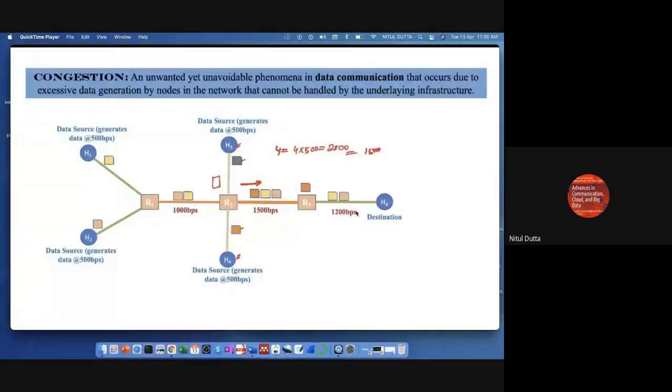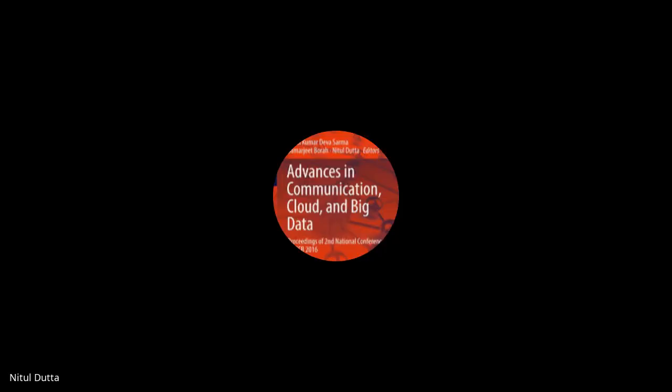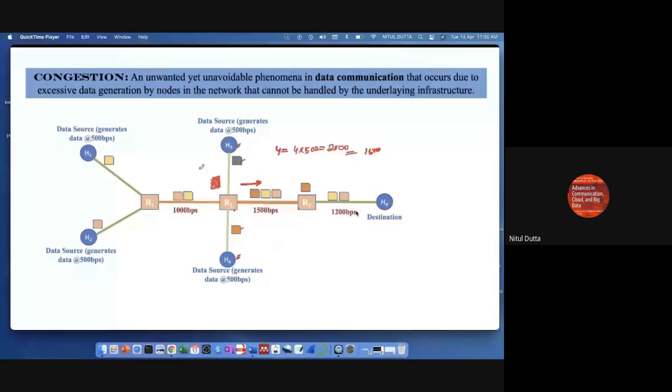That is why one packet needs to be queued. One packet would not be allowed to go through the link R2 to R3 at the same time. So any one packet will be kept in the queue maintained in router R2.